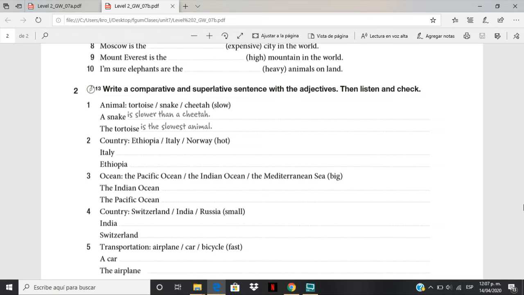Okay, for exercise 2, just write a comparative and superlative sentence using these adjectives, right? And with this, we can finish, right? Try to read the exercise.